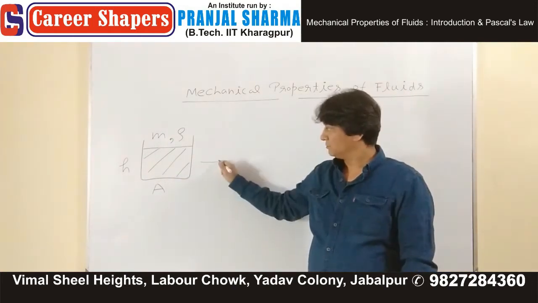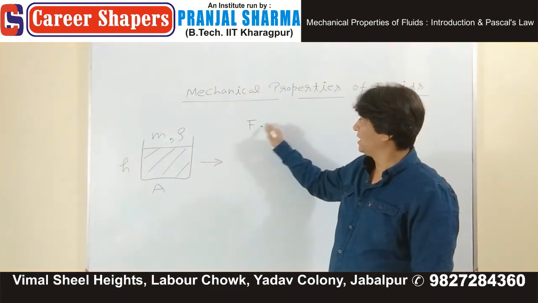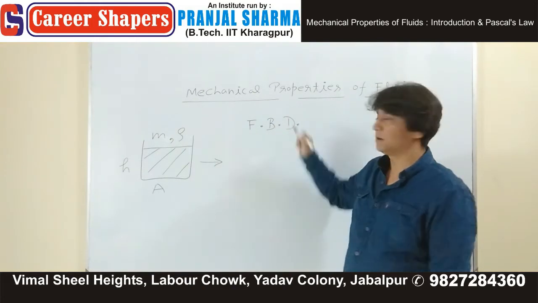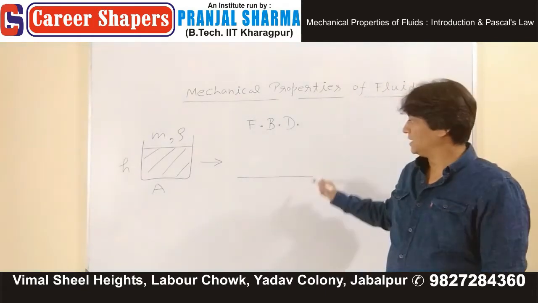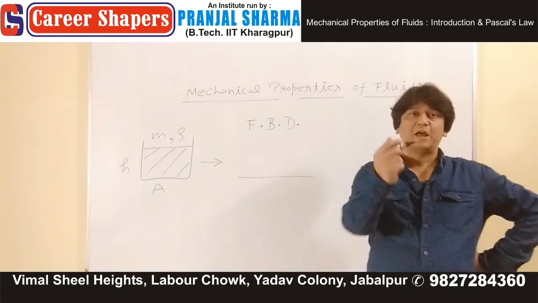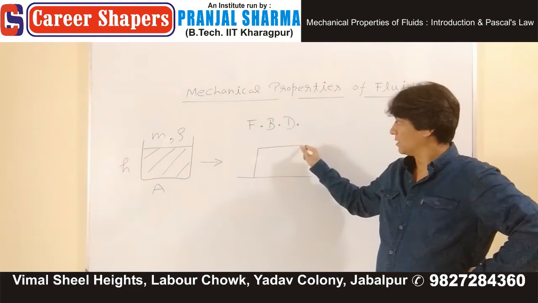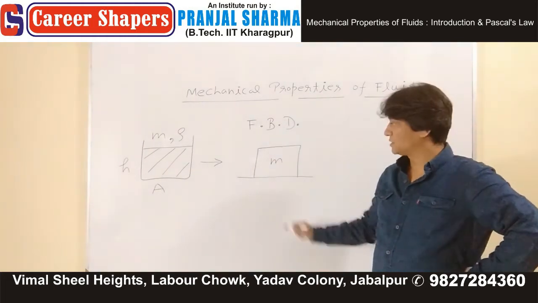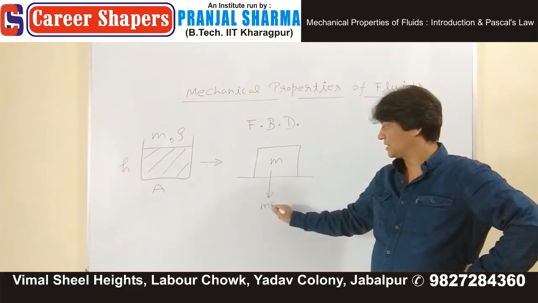This figure, with the help of the FBD technique, free body diagram technique, can be arranged in this manner. We have a surface, and for the time being assume that we have a mass m. If this is mass m, then a downward force of mg is acting on it.